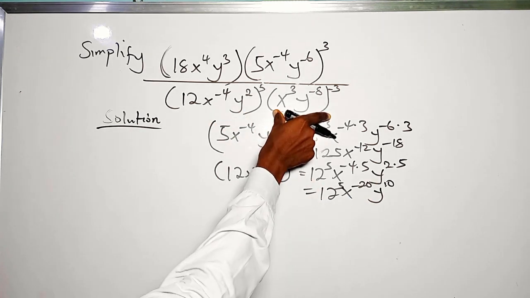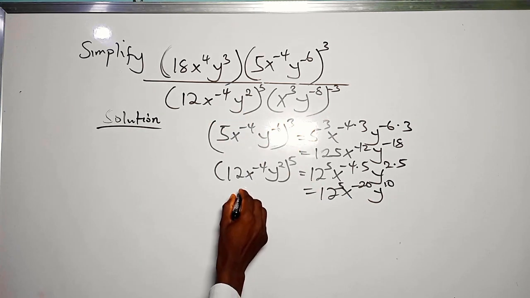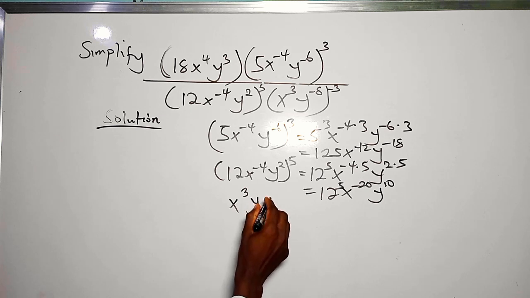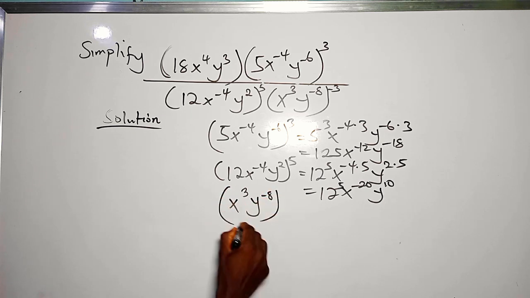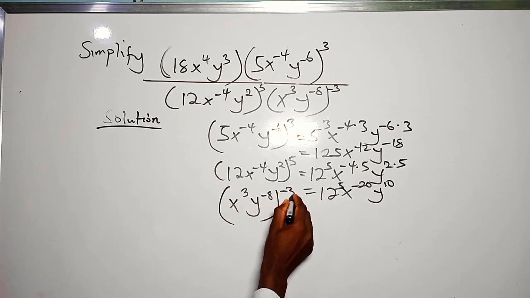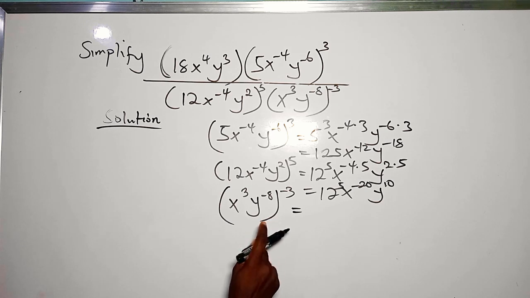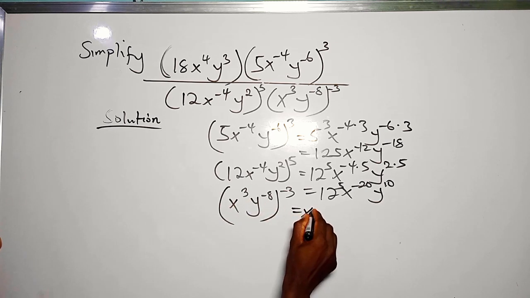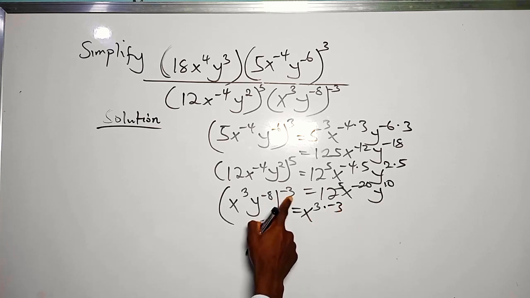So for (x^3y^-8)^-3, we apply the exponent rule.